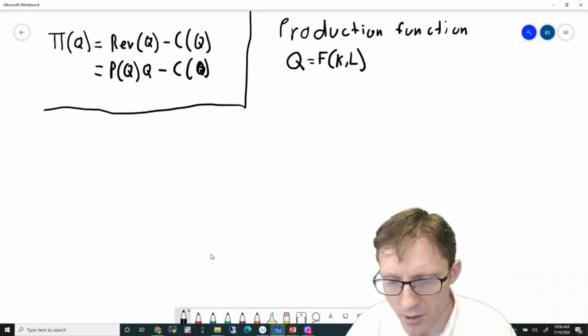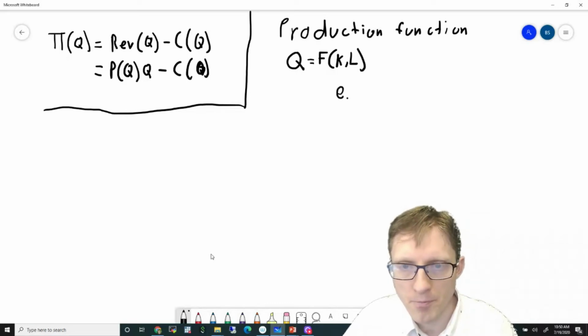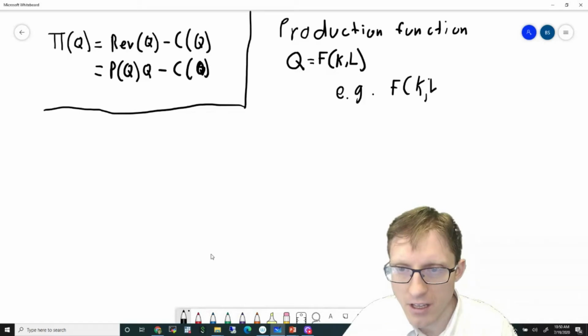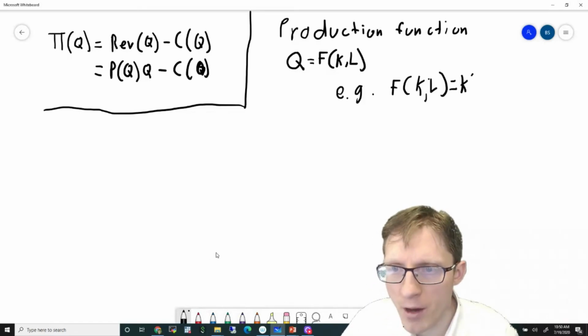For today, we're going to assume that it's known. It could, for example, be that the production function is equal to capital raised to the power of 0.5 times labor raised to the power of 0.5.